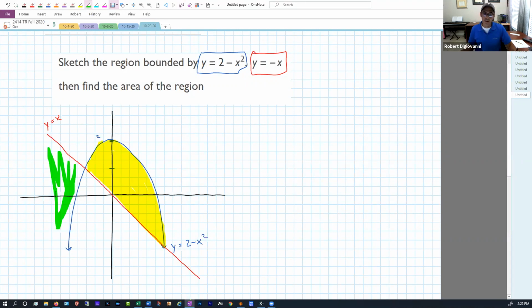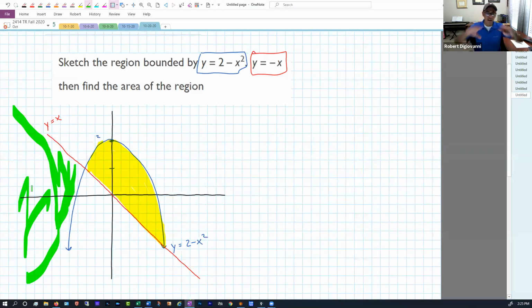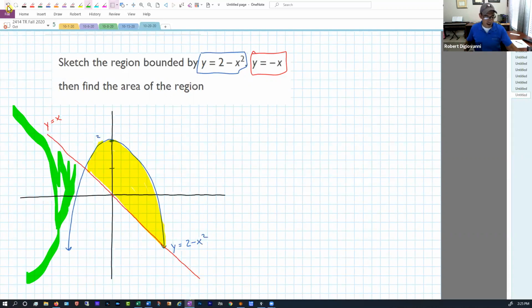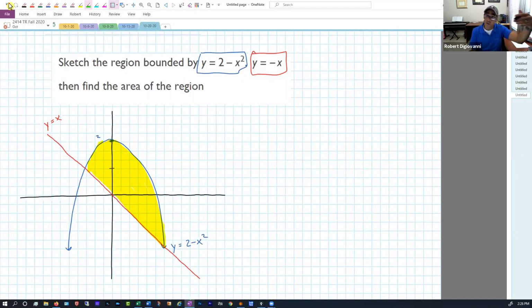That's not the region bounded, because this continues to open up forever. That region is not contained. Only the region in yellow is contained. Even if you said down here, that's not contained because they keep going down forever. So that is the only region we could possibly be talking about here. So when you look at this, is it obvious to you which function is on top and which one is on bottom?